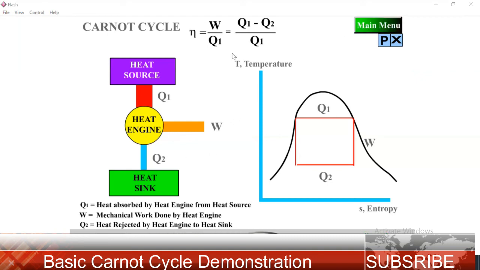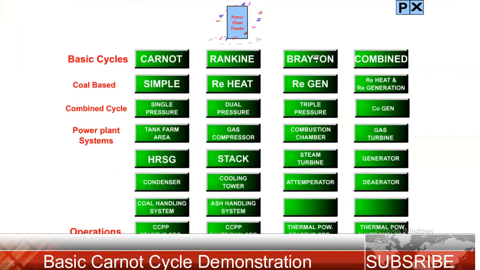So now we move to another cycle, the basic cycles. Actually, there are normally four basic cycles. First one is Carnot, second one is Rankine, third one is Brayton, and fourth one is combined.